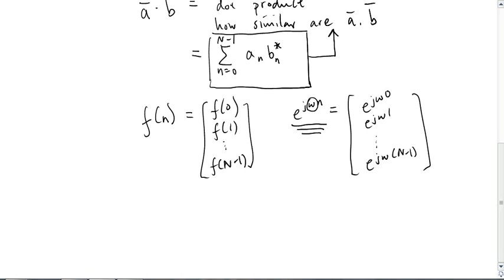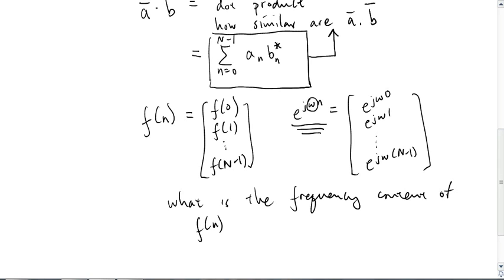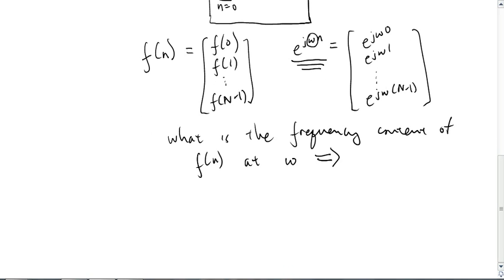Okay, so if we ask the question of what is the frequency content of the function f of n at the frequency omega, then another way of looking at this is that it's the same question as how similar are f_n and the complex exponential of frequency omega to each other, right?